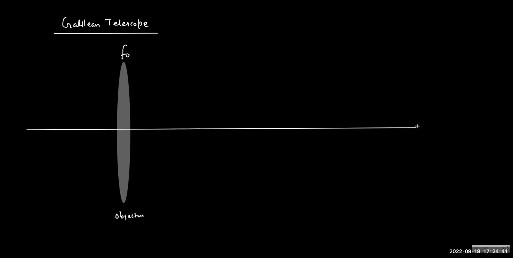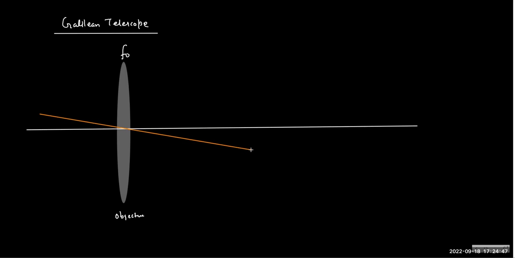So the objective is still going to be convex. And okay, I'll do this small trick. Alpha and all.